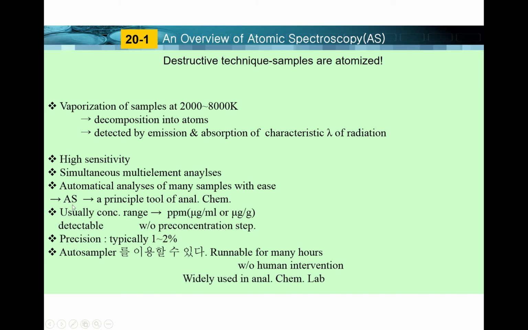Atomic spectroscopy is a principal tool of analysis in analytical chemistry. Usually the concentration range is ppm, or sometimes down to ppb, part per billion, or even down to ppt, part per trillion, without a pre-concentration step.